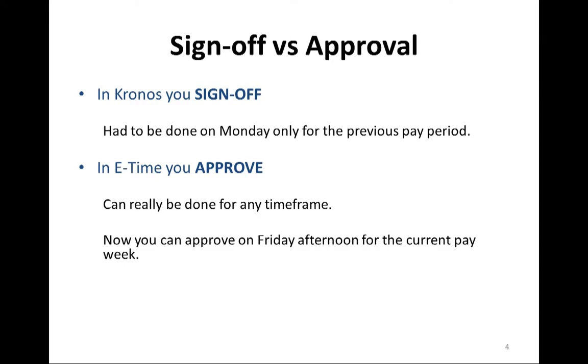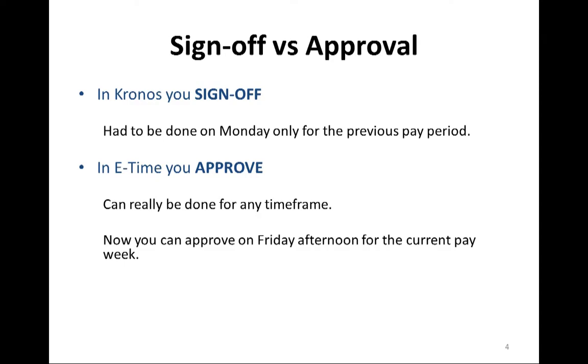One caveat to that, though, is once you approve a time frame, then no changes can be made in that time frame unless you remove your own approval. Now that's something you couldn't do with sign-off. You couldn't remove your own sign-off, but with approval you can remove your own approval, make your changes, and then reapprove it.